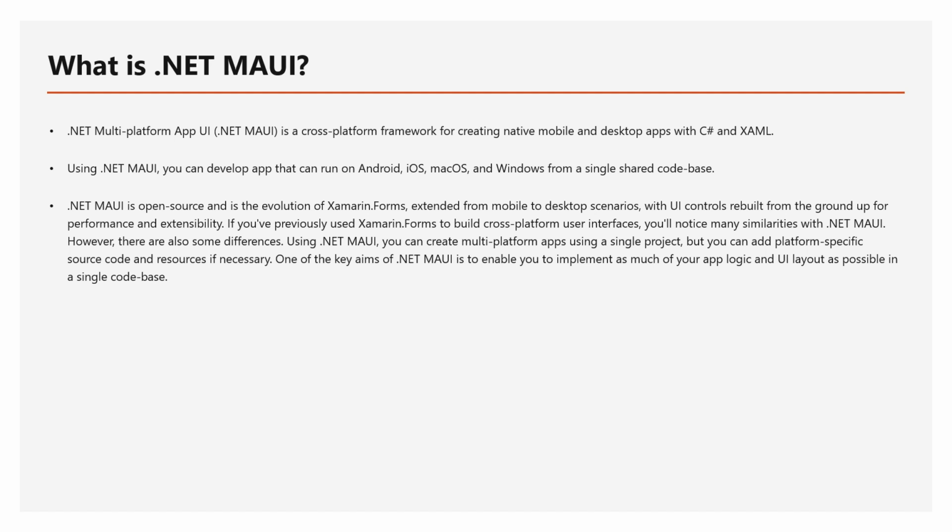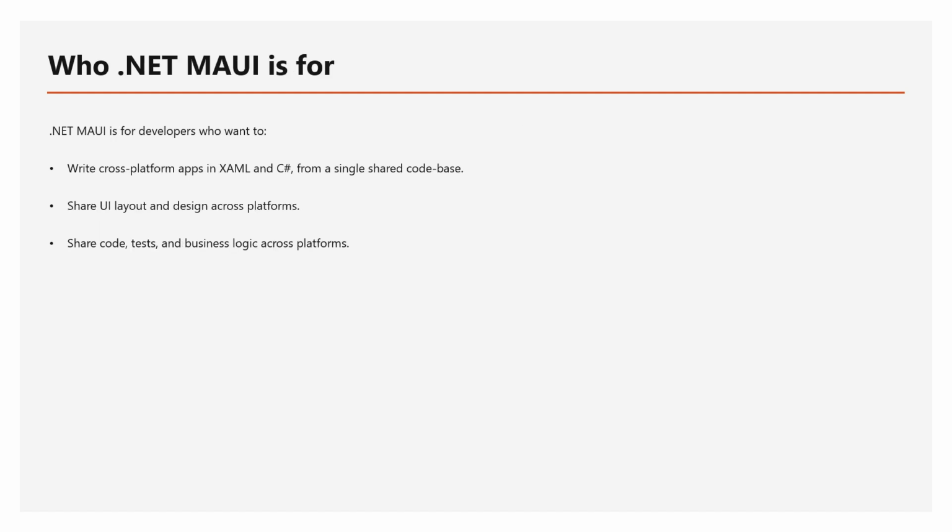One of the key aims of .NET MAUI is to enable you to implement as much app logic and UI layout as you can in a single code base. Whatever the UI layout will be, it will be in the single code base, which can be used on different platforms like iOS, Android, and others. So who can use .NET MAUI?